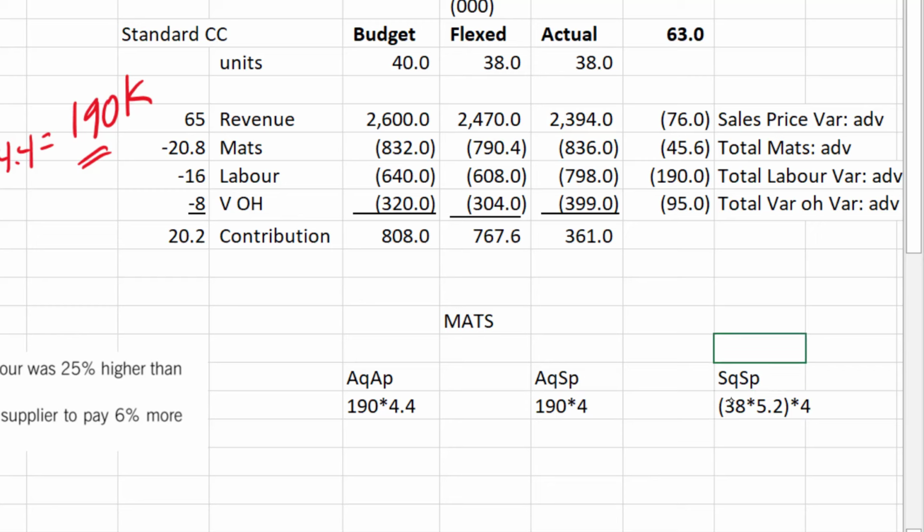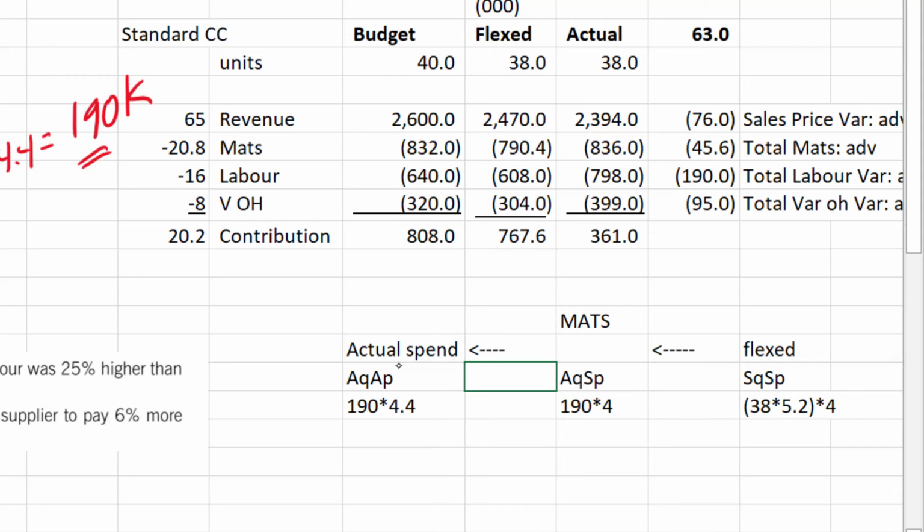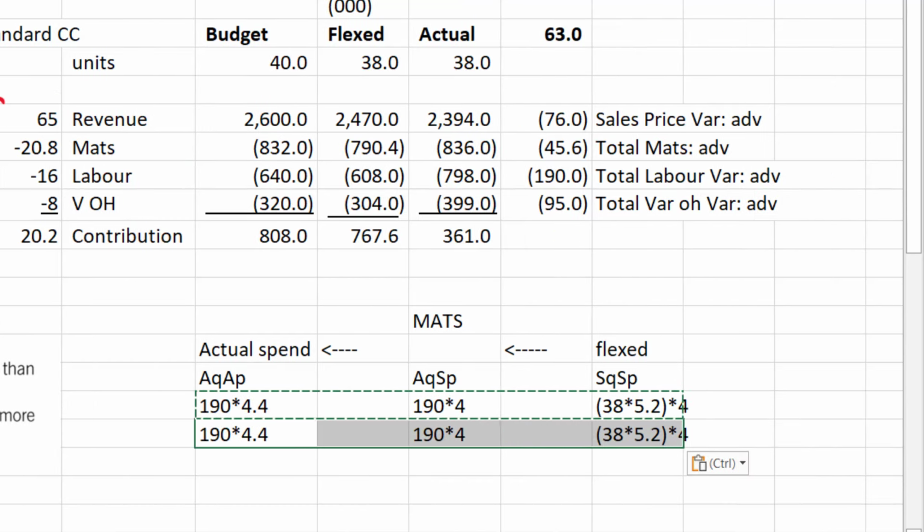Now, this is really just the flexed budget. This is really the actual spend, guys. And we're going to still go from flexed to actual, like that. So let me just copy the figures down, 1 row. Let me put an equal sign in front of it, and we'll get the result for each.